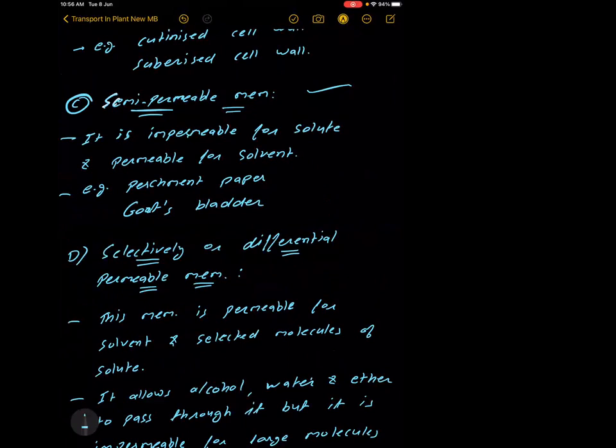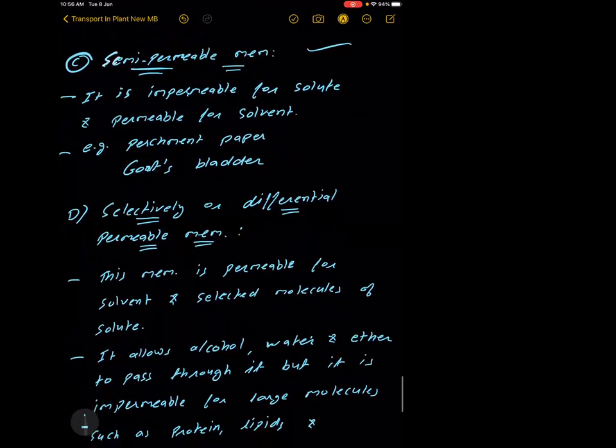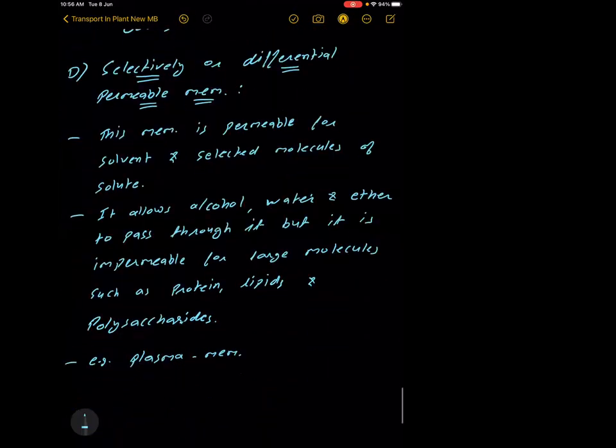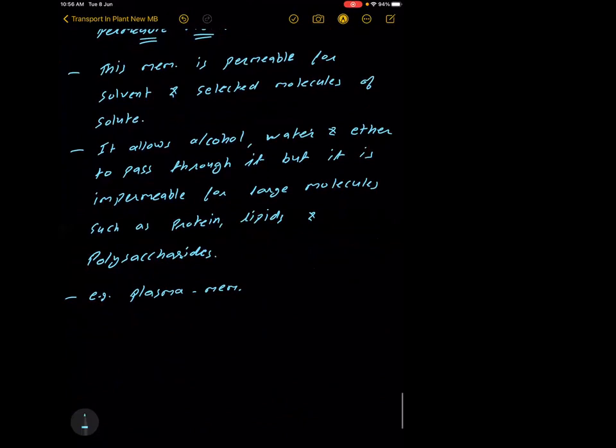Now the next term is osmosis. Fine. Osmosis. As you know, tell me, what is osmosis? Osmosis means movement of water molecules from higher concentration to lower concentration.